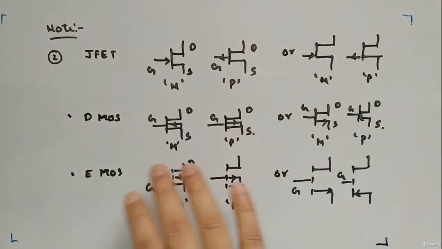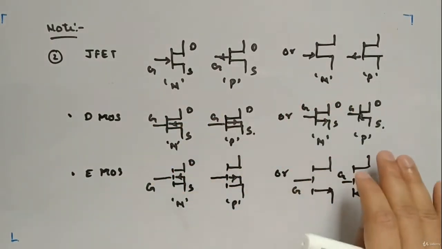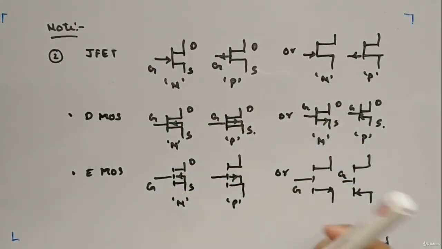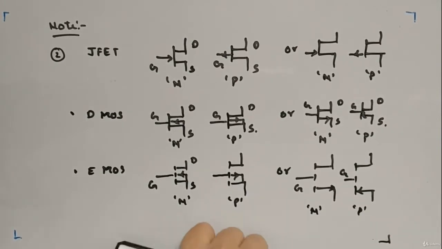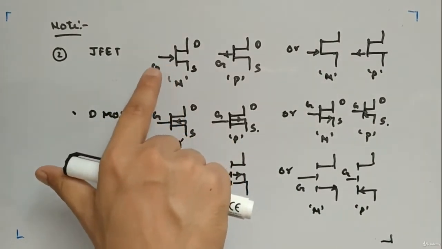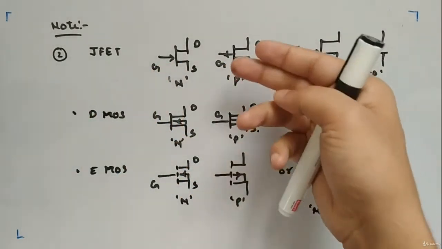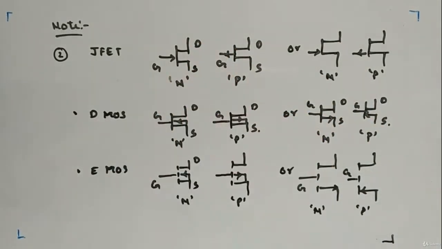These are the different representations: N-type, P-type, and so on. Here you can see the JFETs. The direction of the gate arrow is going inside for N-type, and the gate arrow is coming outside in P-type. Drain, gate, source.